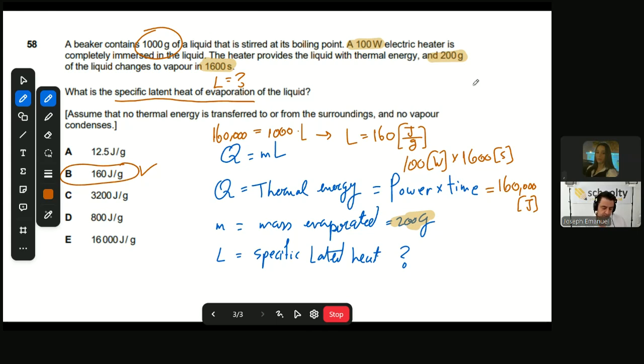Power is energy per time, so energy is how much power you put in some time, multiplied by time. So 100 watts, 1,600 seconds, you put in 160,000 joules. If this 160,000 joules evaporated 1,000 grams, the specific number here is 160.